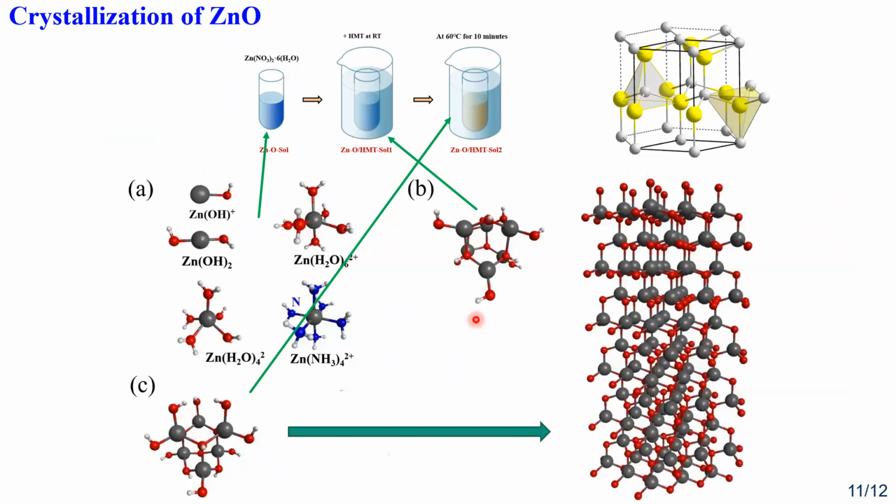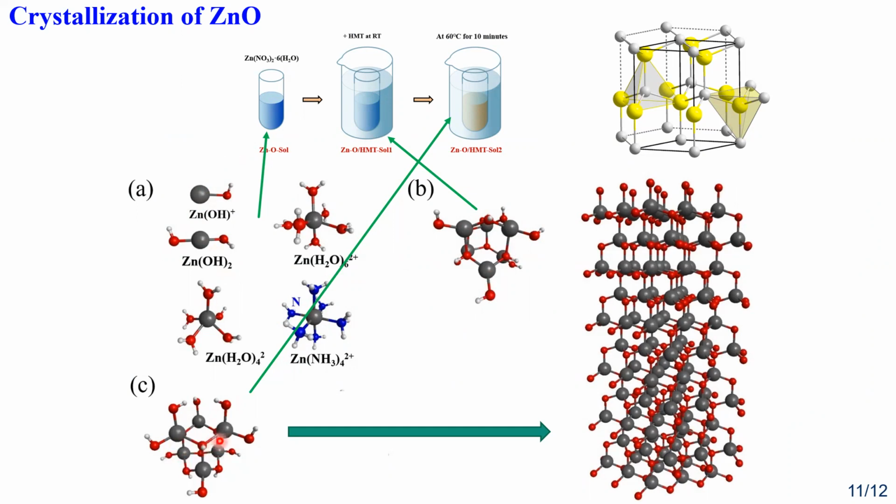Based on the XAFS measurement and SEQC simulations, we finally found that initially the zinc oxide complex has this structure. When you apply HMT, the complex changes to this structure. And when you heat up the sample above 60 Celsius, it changes to this structure.